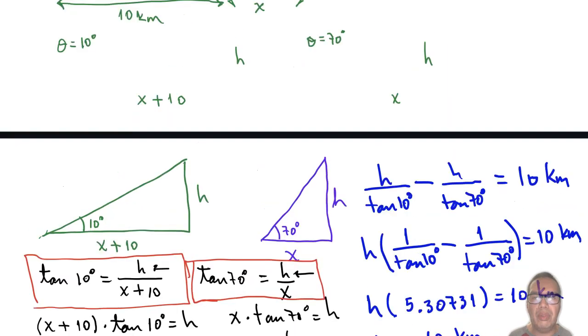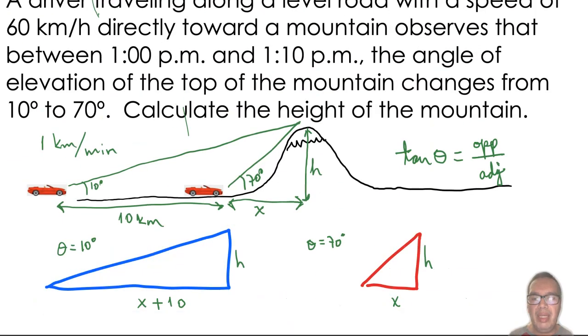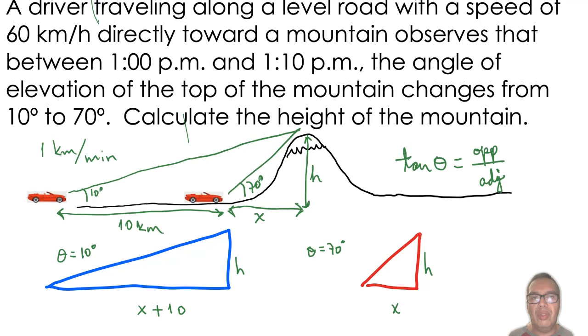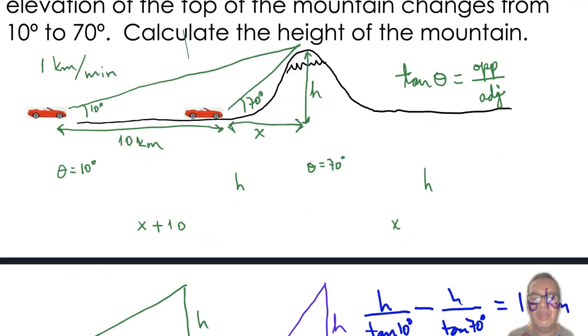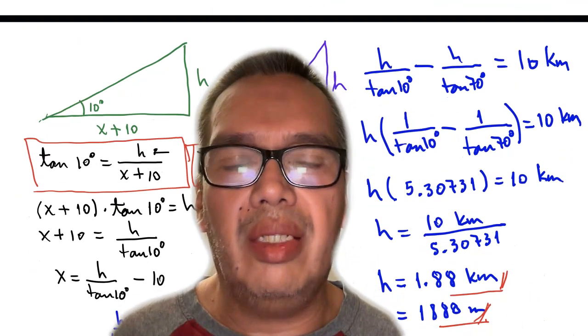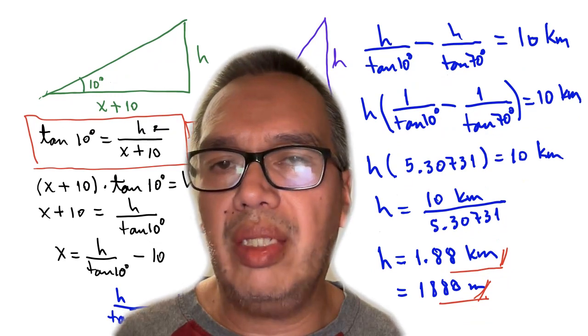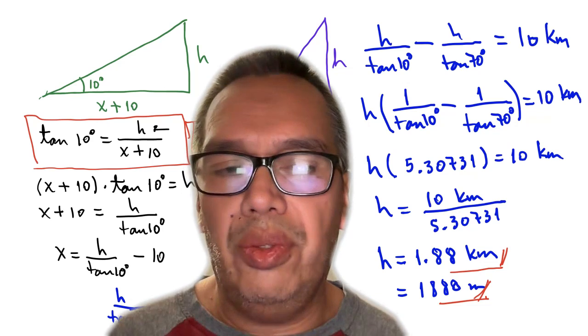I want to be able to say this is made by a right triangle from the car at the beginning to the mountain, and from the car at the end to the mountain, and that's what we need to discuss in the problem. So this is a nice example of application of trigonometry. I hope you liked it, and I'll see you next time.